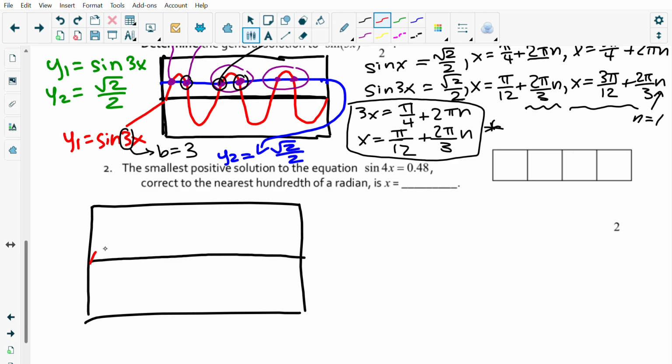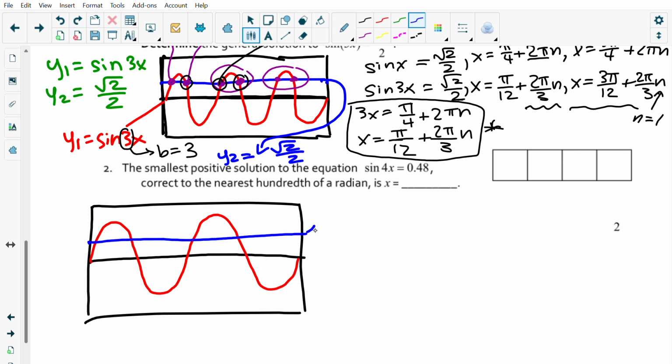So I get a graph like this. Let me draw that better. Something like that. So this is y2 equals 0.48. And then this graph is, of course, our y1 equals sine of 4x.